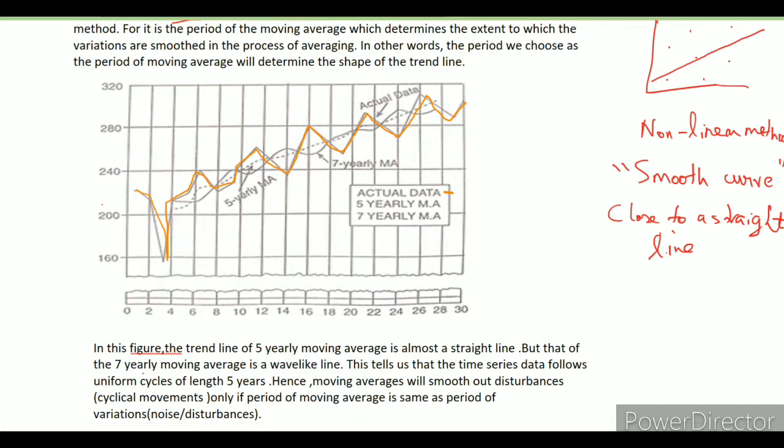Then your 5-yearly moving average. Let me use a different color, maybe pink. Your 5-year moving average is this dotted pink line here. Now for your 7-year moving average, let me use a dark blue color.